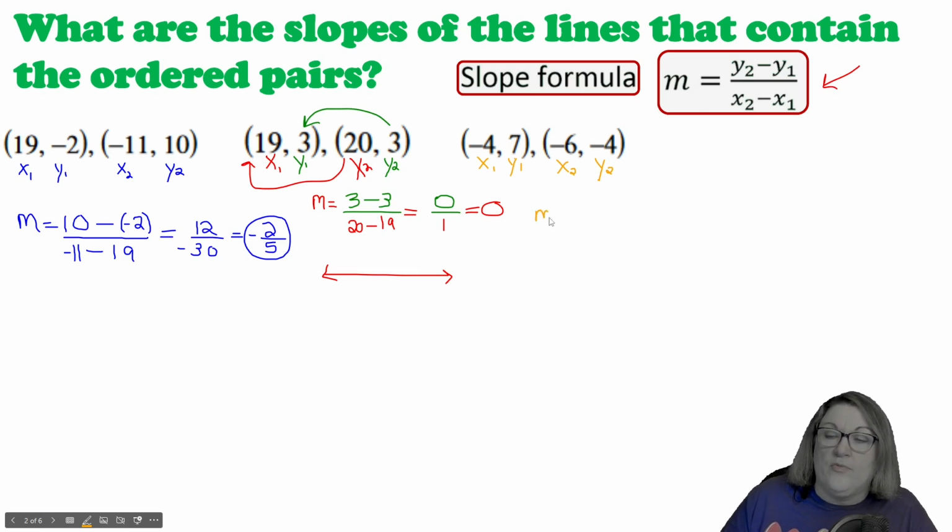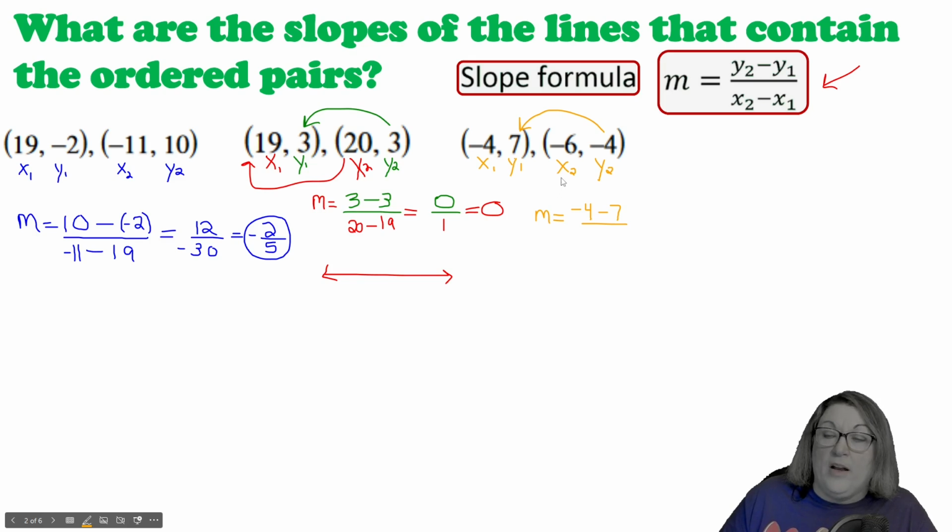Following the formula, the second Y here is -4. And I'm going to subtract the first Y, which is a 7. Again, I'm subtracting this minus this, right?